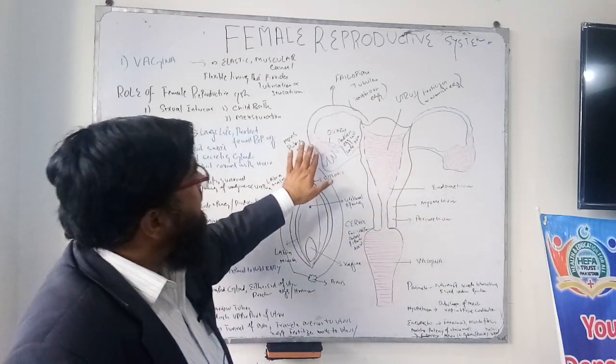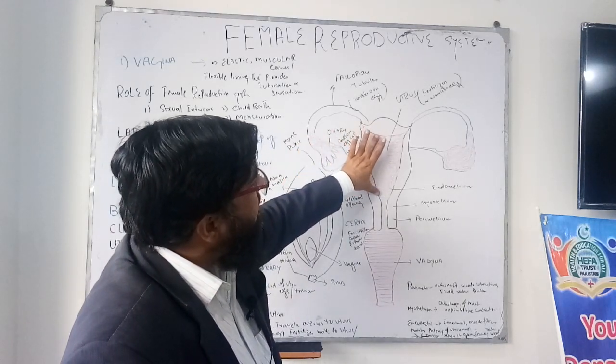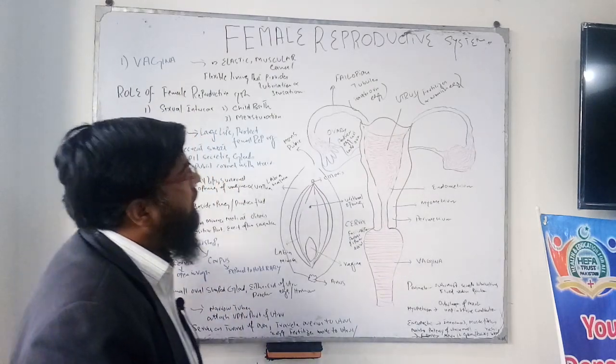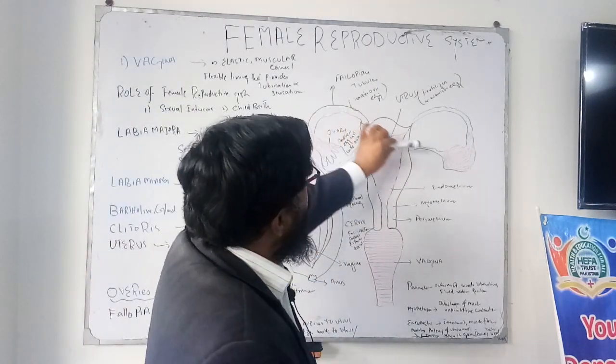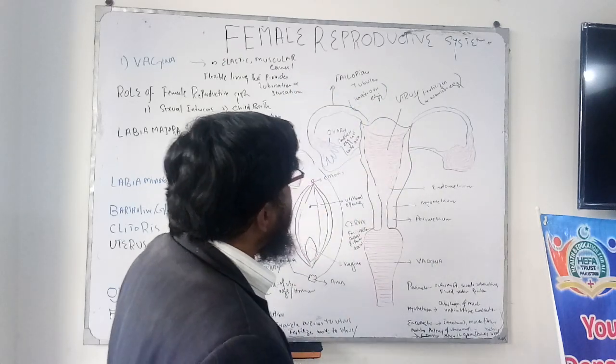And this hollow-shaped area is called the uterus, and on both sides there are ovaries and fallopian tubules.